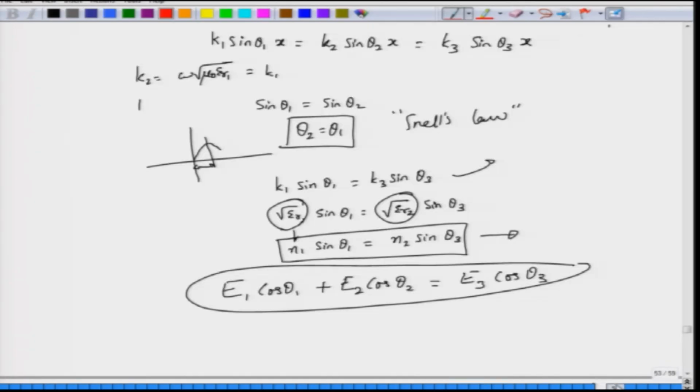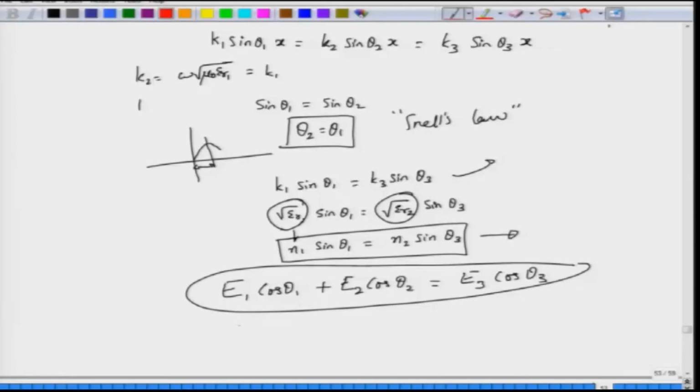With that I can write down the expression for H. Since H is tangential everywhere, along the plane of the interface, I will have H1 minus H2 equal to H3. H1 is basically E1 by eta 1, this would be E2 by eta 2, and this would be E3 by eta 3.